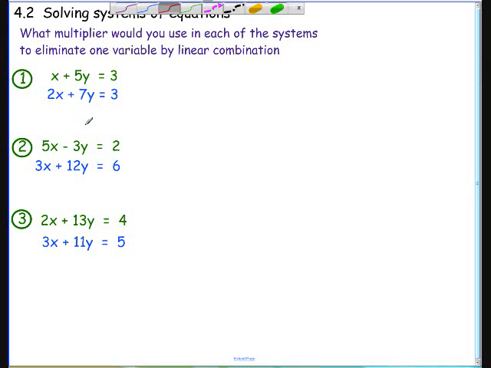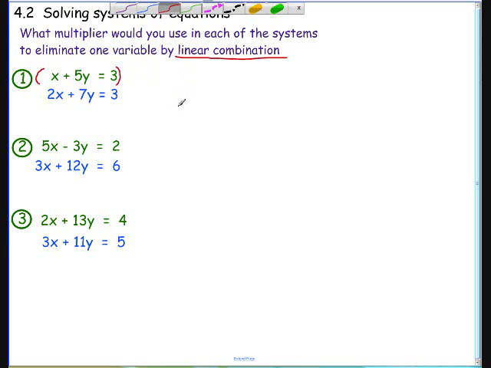This one we're not going to solve. We're going to rush through this, going for the kernel of what is important here. If we are going to solve these by linear combination, what multiplier would you use, and on which equation? Now you and I may come to different decisions about this, and we may both have good ideas.